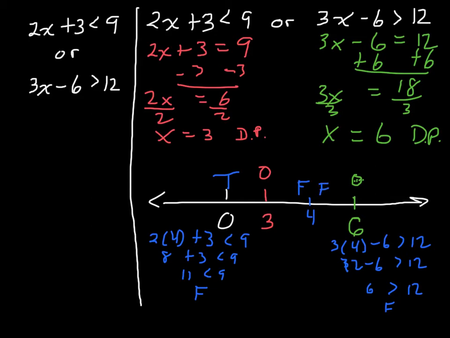So if this side over here is false, that means that this side must be true. And that's always going to be the case. You will either have trues on the outside of your points like this and nothing in the middle, or you will have false on the outside of your points and the trues will be in the middle.